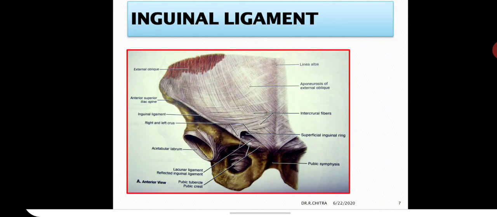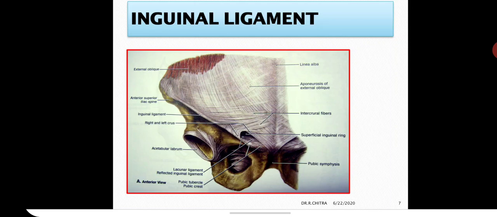Another expansion you can see is the reflected part of the inguinal ligament. Are you seeing the second lowermost arrow on the left side? That is the reflected part of the inguinal ligament, and the lacunar ligament is seen. What is this reflected part?